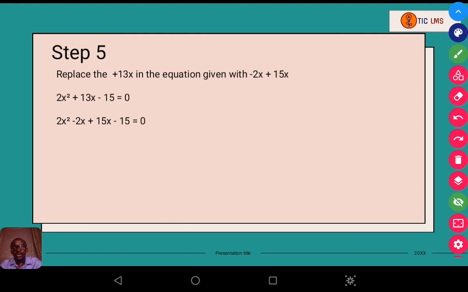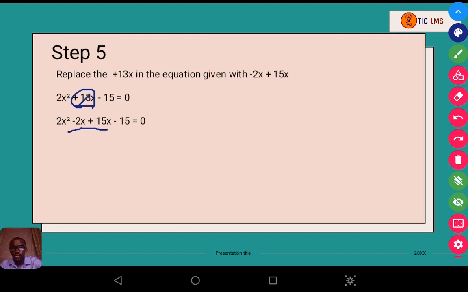Step 5 says replace the positive 13x in the equation given with negative 2x plus 15x. So those two factors which you got, you are going to use to replace the positive 13x. Here is the positive 13x in the middle. We are going to replace that with negative 2x and positive 15x.